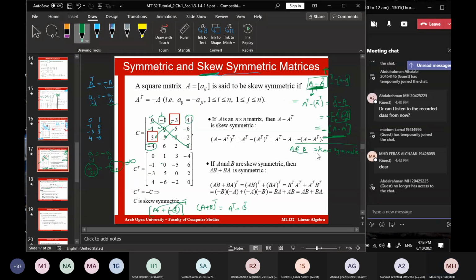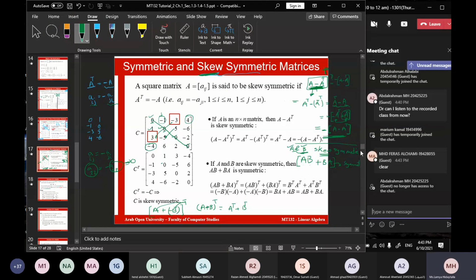Then if we found AB, we are not starting from any A or any B. No. A is skew symmetric and as well B is skew symmetric. So A times B plus B times A, you will find it is symmetric.